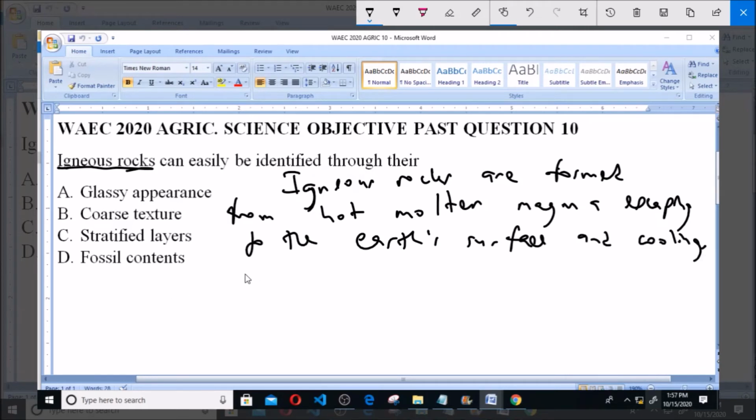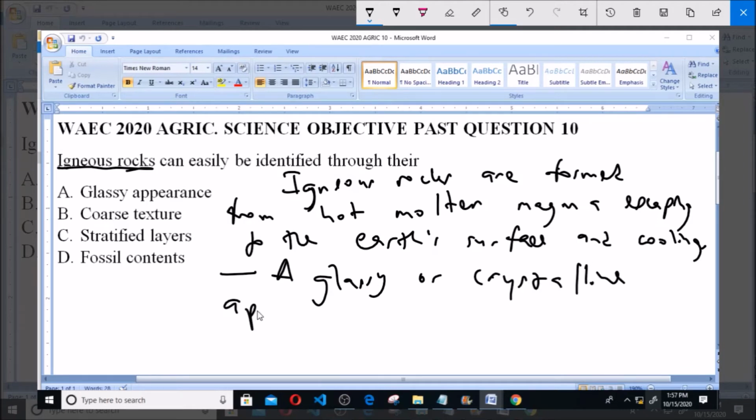Once they cool, they are characterized by a glassy or crystalline appearance.